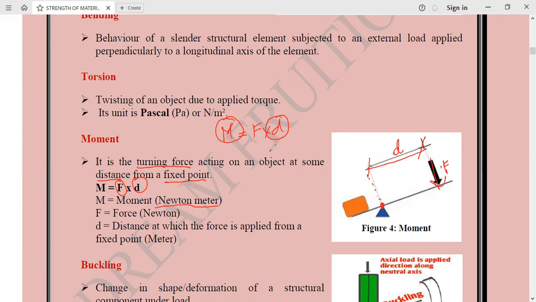Because in a bigger screwdriver, the value of D increases. So the value of M also increases, and due to which you are able to unscrew easily. This was the definition of the moment.